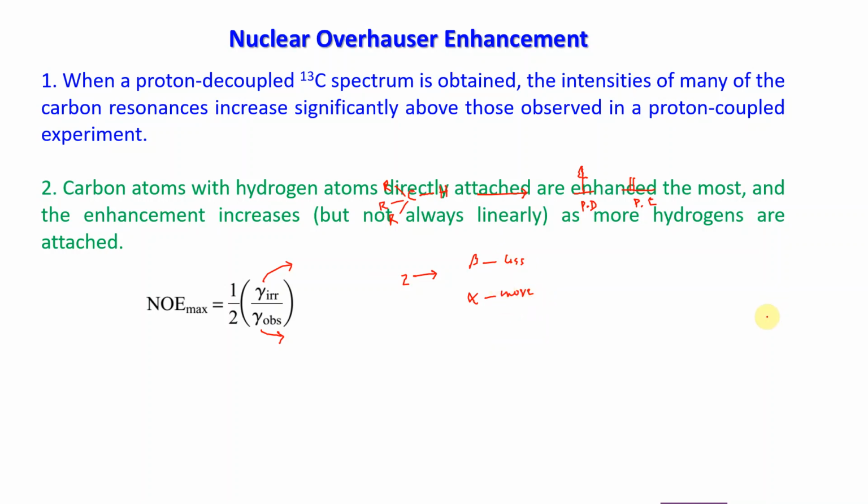Now what you are doing is irradiating the proton nuclei to make the saturation. When you irradiate with radio frequency, you have the population shifting, right? So from here to here it will be jumping. Some of the nuclei will be irradiated and will go to the higher state.